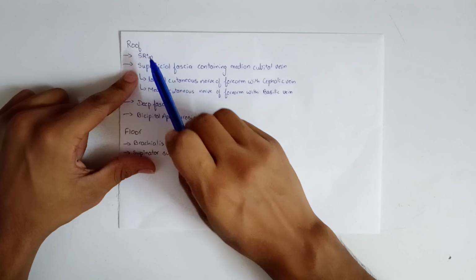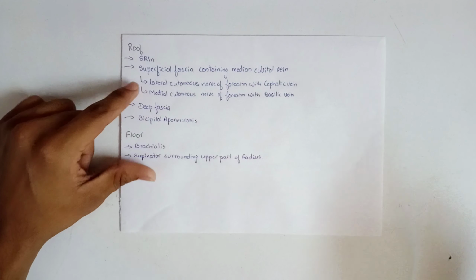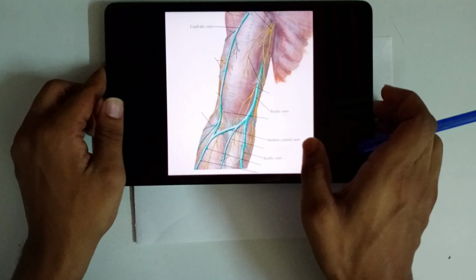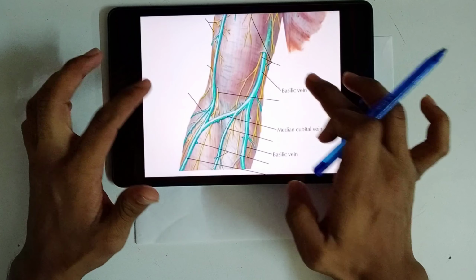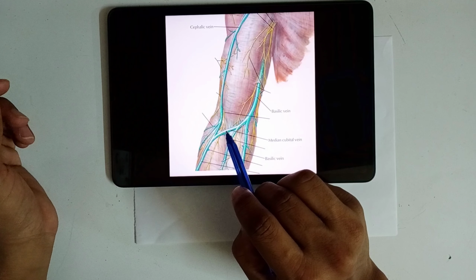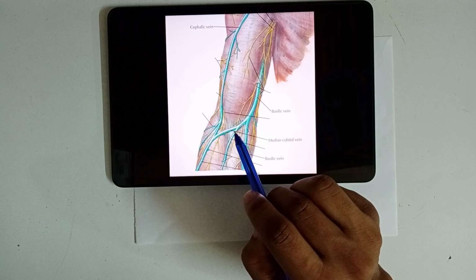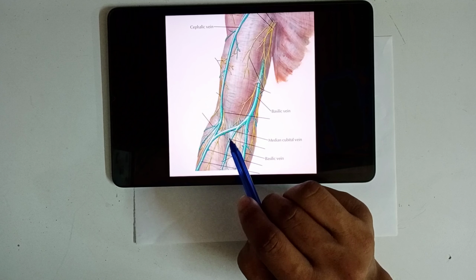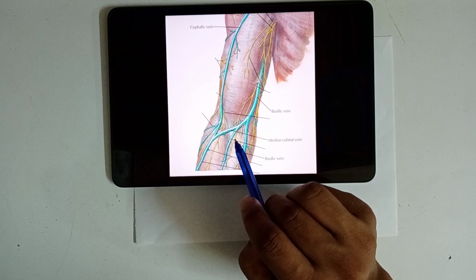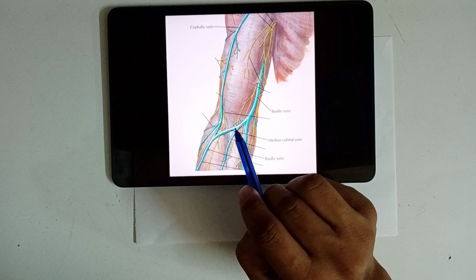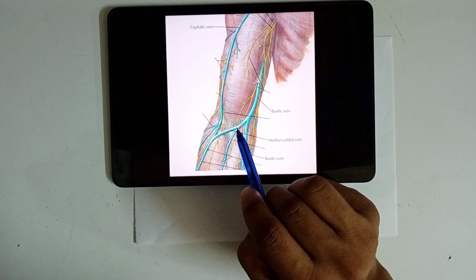Roof is formed by skin, superficial fascia containing medial cubital vein. This is the superficial fascia containing medial cubital vein. This is very important to know that superficial fascia contains the median cubital vein, which is generally a site of intravenous injections.